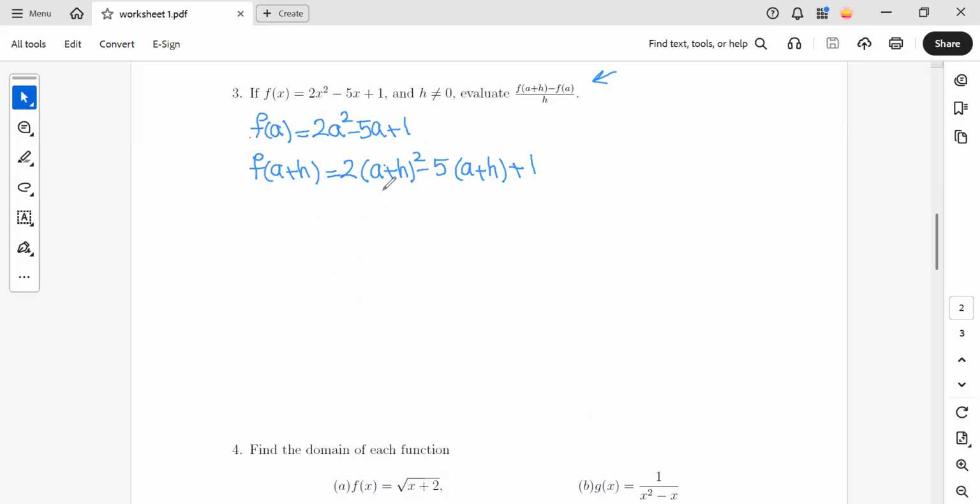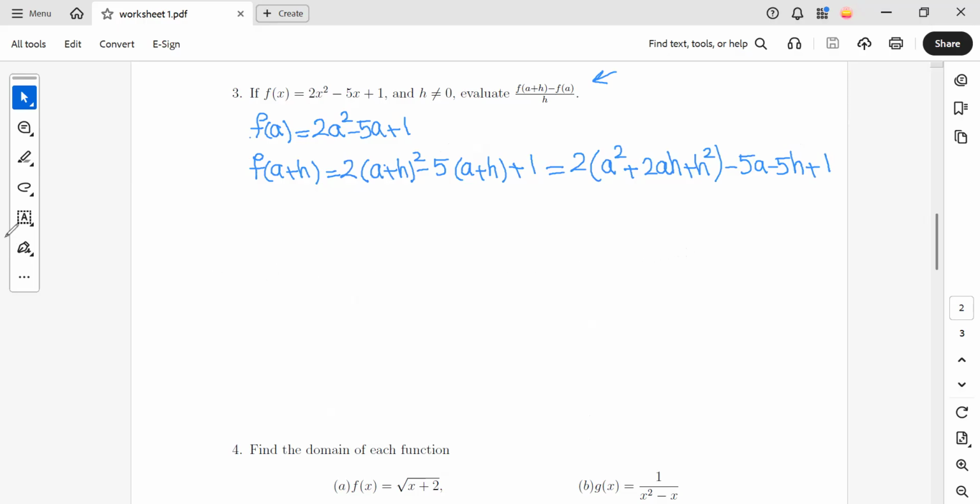You can try both of them, and you would see the answer is the square of the first one, 2 times the first one times the second one, and the square of the second one. For this part, we would use distribution. So 5 times a and 5 times h, and also we have a negative. So minus 5 times a minus 5 times h plus 1.